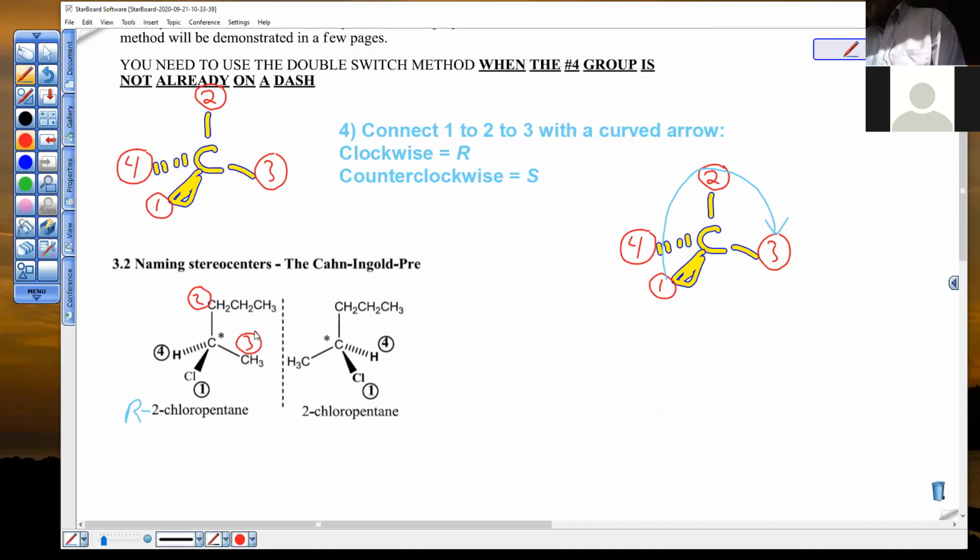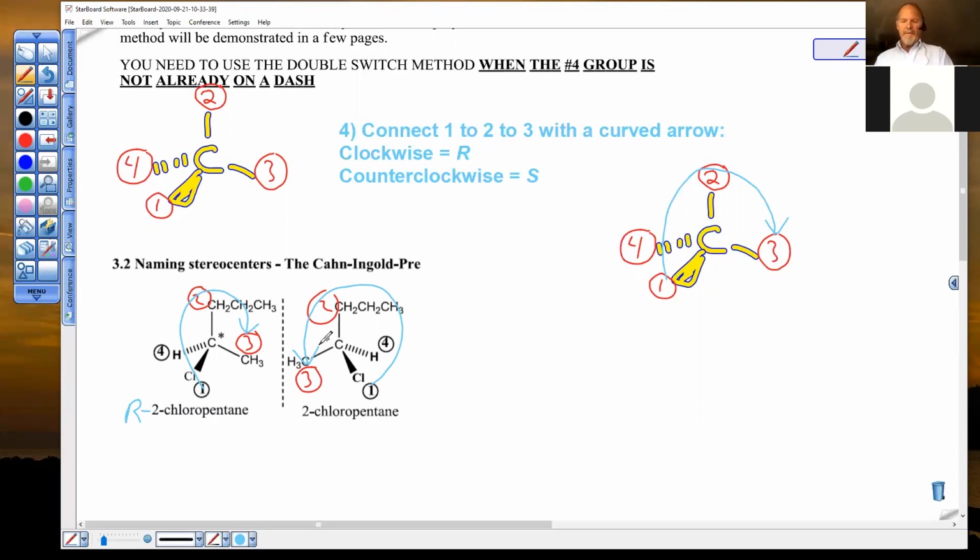And in this one, this is 3, same. And this is 4, and that's 2. And you shouldn't be surprised. The first one is our first example, and it is definitely clockwise. The second one, 1, 2, 3. Connect 1 to 2 to 3. Ignore 4. Definitely counterclockwise.